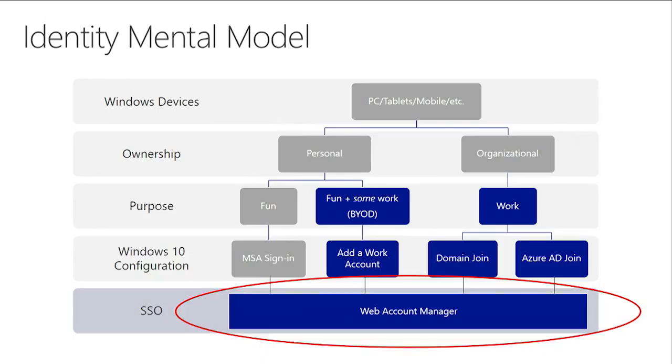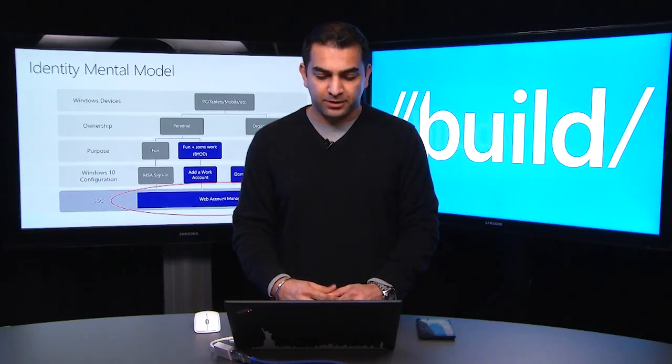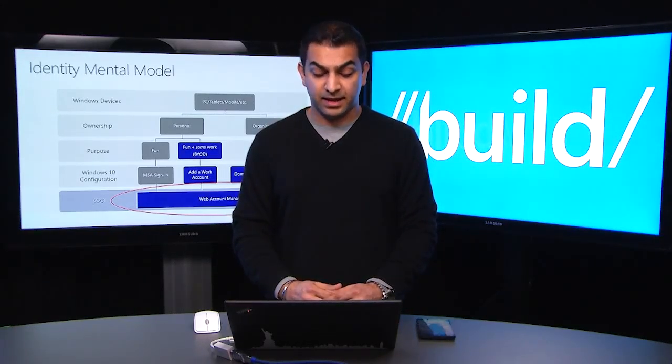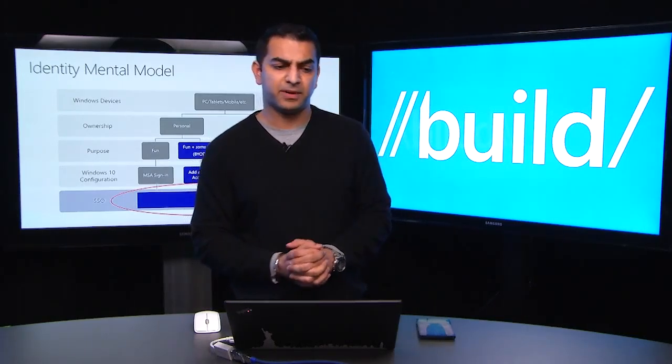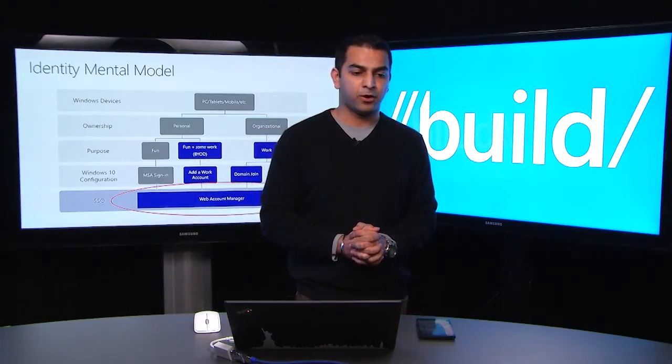So far we've talked about devices, ownership, the purpose, the deployment model, and finally, Web Account Manager, as you can tell, is the solution that actually spans across these deployment types. And you just want to know about these APIs. Sometimes let's say you want to write an app that only focuses on Microsoft account.